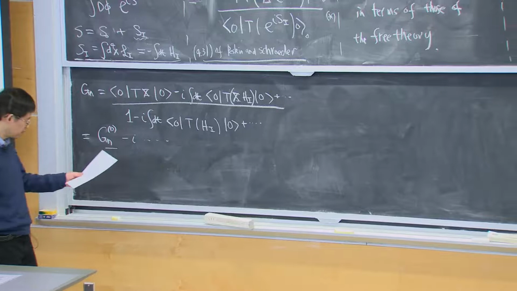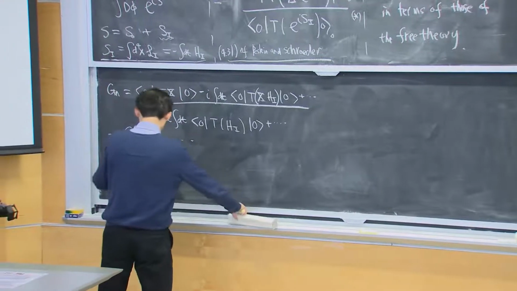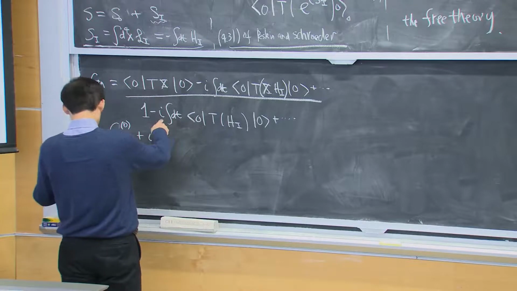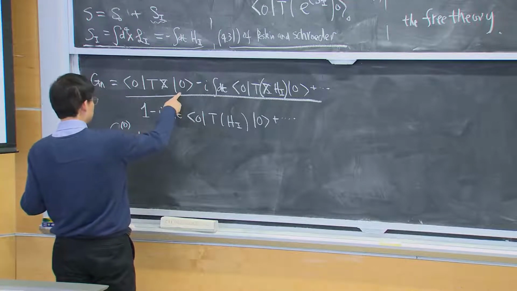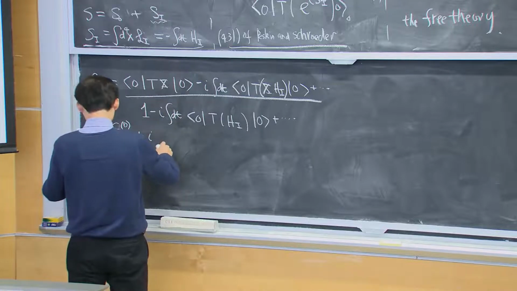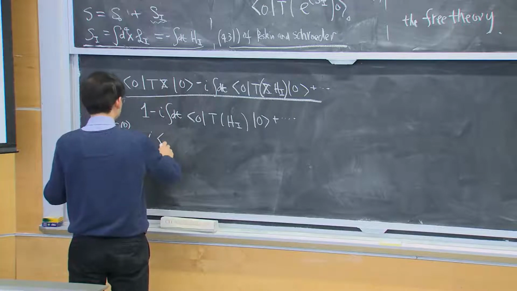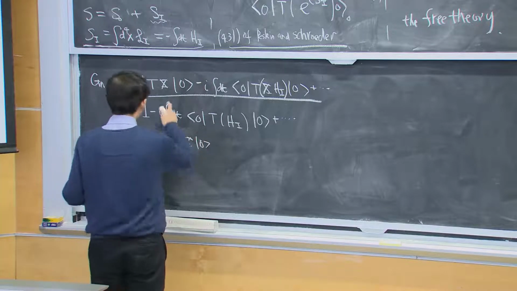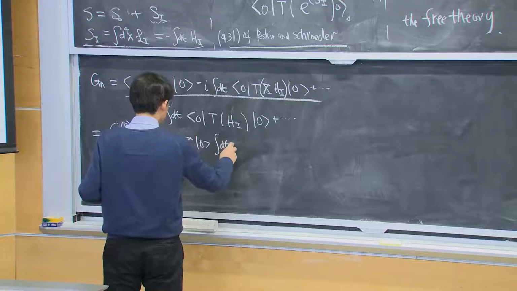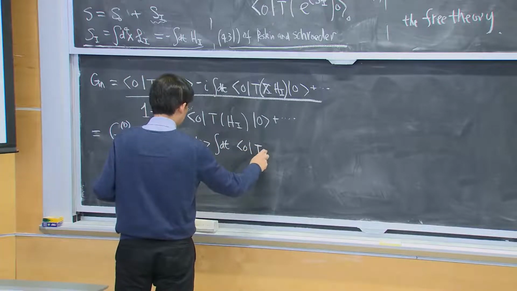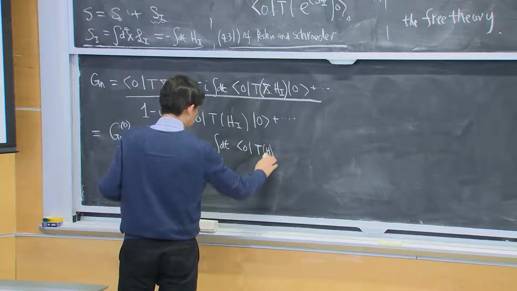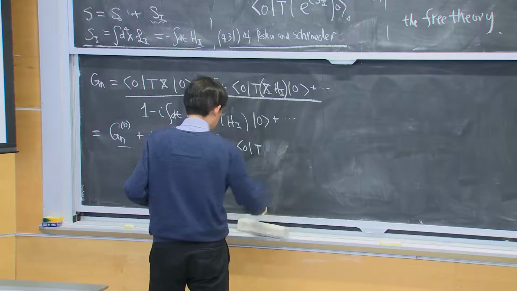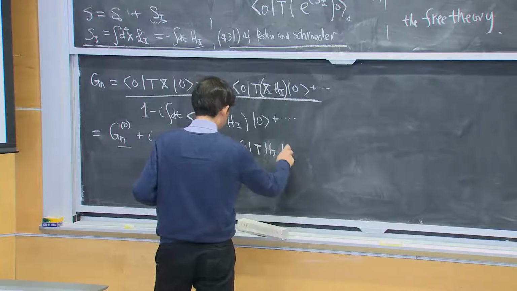Actually, for later purposes, let me write one more term explicitly. When I bring this up, it becomes i, 0 T x 0, times dt 0 T H_I 0.